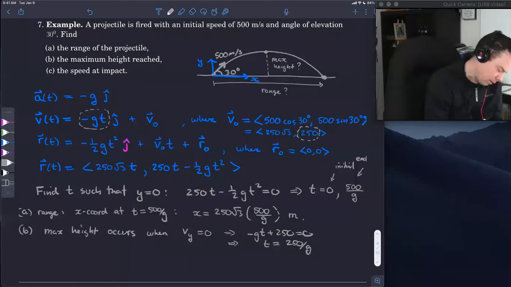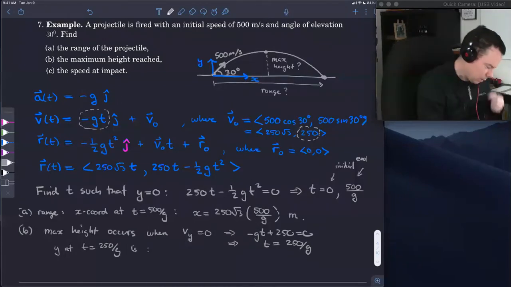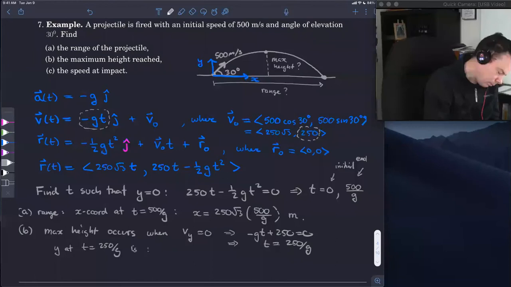And so that means, what is our maximum height? It's going to be the y value at that point. So y at t equals 250 over g is our max height.